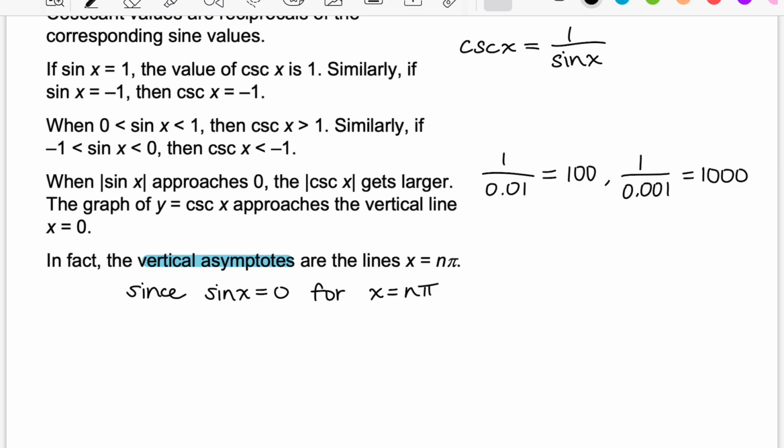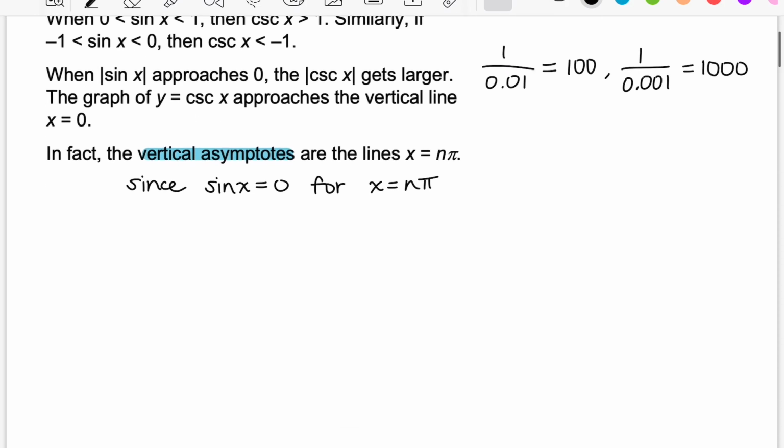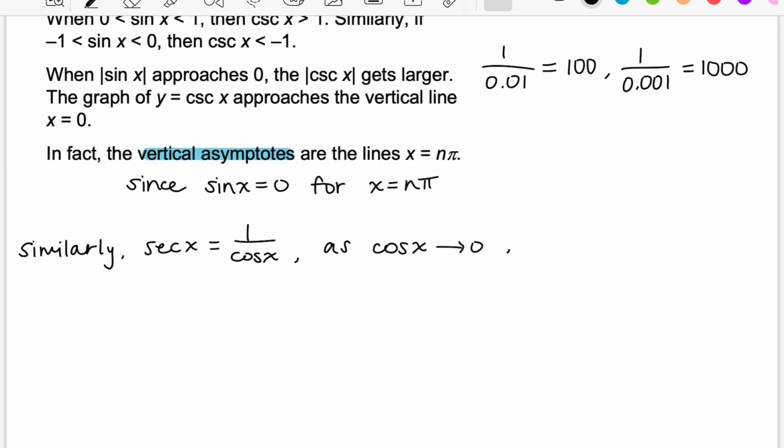We can do a similar analysis for secant x. We know that secant x is the reciprocal, 1 over cosine. So, by similar reasoning here, as cosine x approaches 0, secant is also going to get larger.